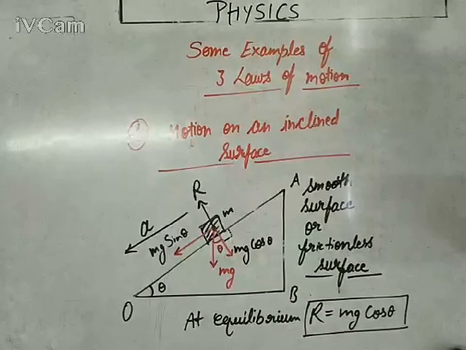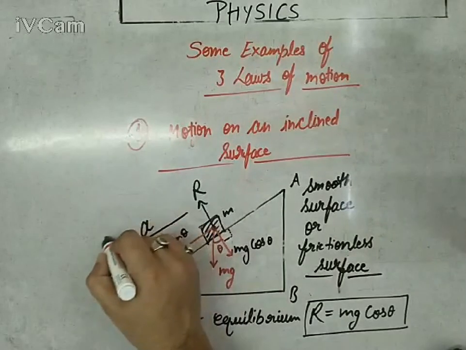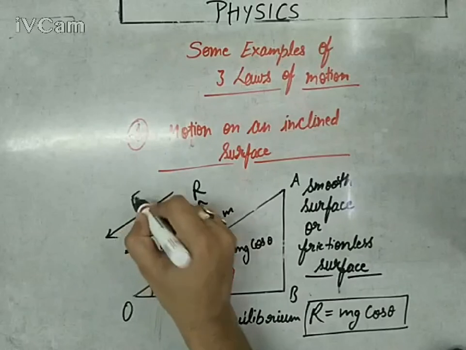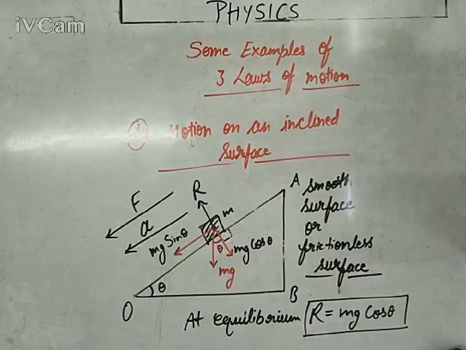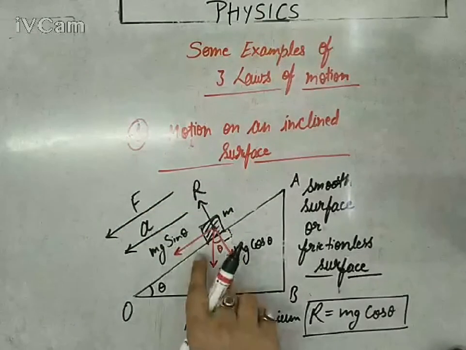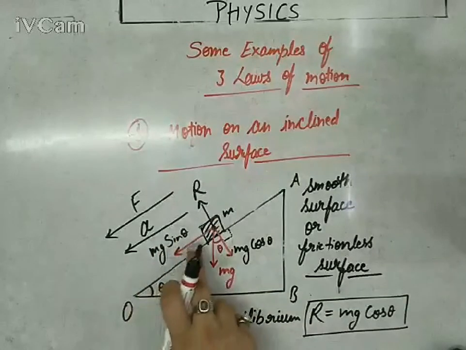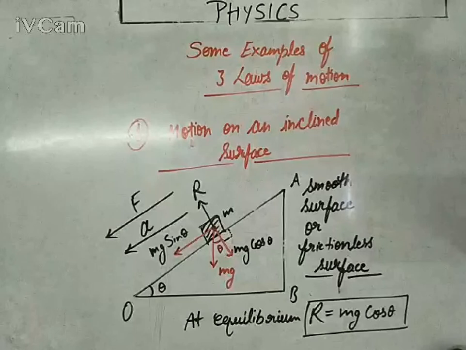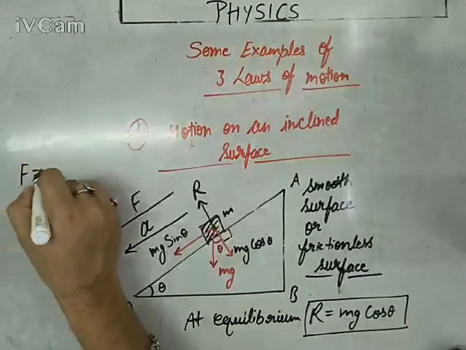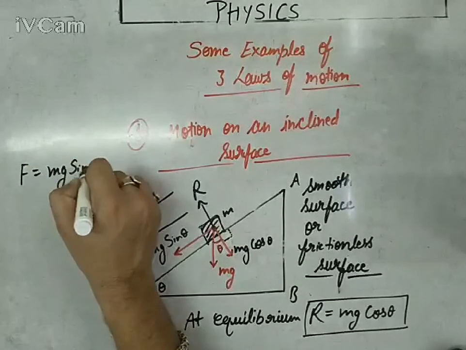If we assume that the resultant force is F, and according to the given scenario there is only one force responsible for the downward motion, that is mg sin theta, we can say that F equals mg sin theta. You know why?